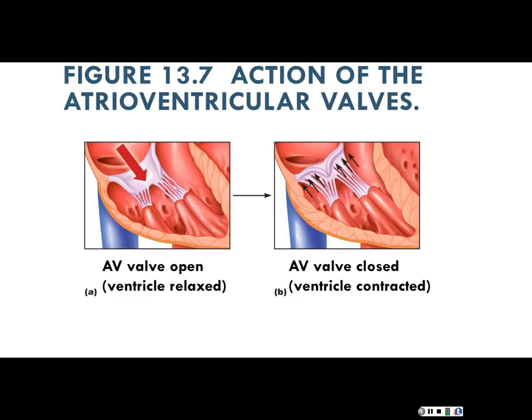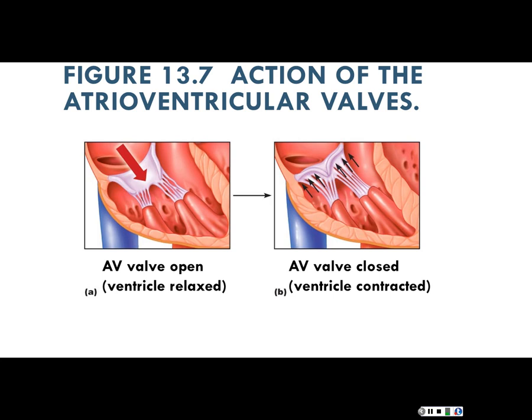And then we did have a bit of discussion already about the valves. So what you can do is review figure 13.7, 13.8. And what it's identifying is that the AV valves and the semilunar valves will work in opposition, if you will, alternation. I don't know what the right word is. But when one is open, the other should be closed. And when the ventricles are relaxed and filling up, the AV valve should be open, and the semilunar valve should be closed.